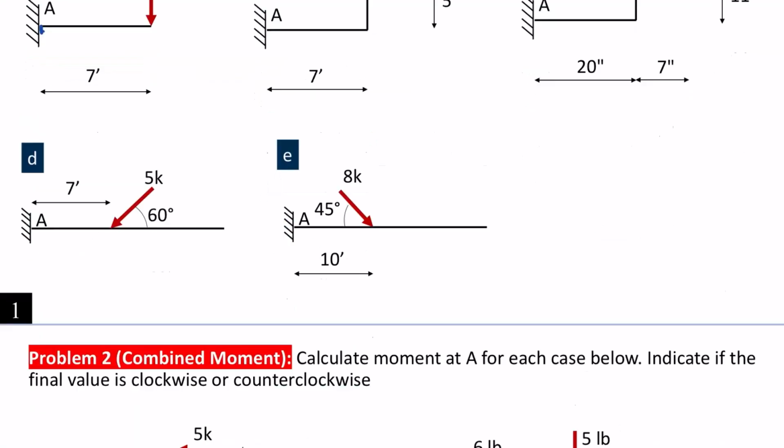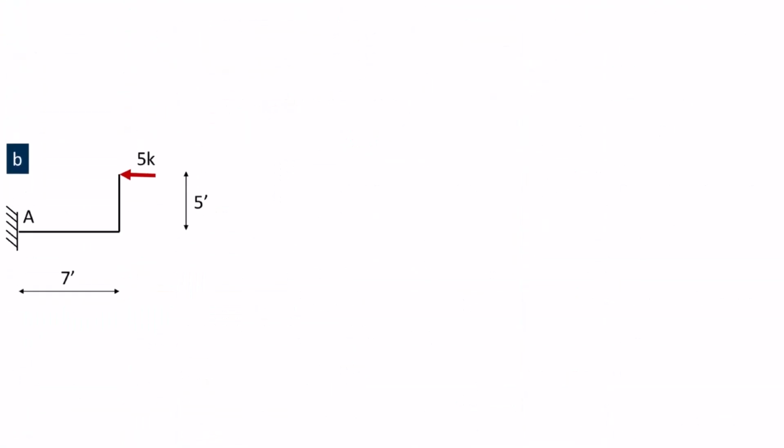Let's copy question B over here. The force is very easy to see, that one is 5 kip. However, the perpendicular distance, is that 7 or is that 5? Which one? Let's think about that first before I show you the answer.